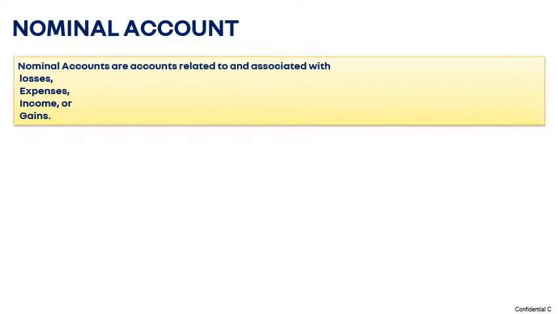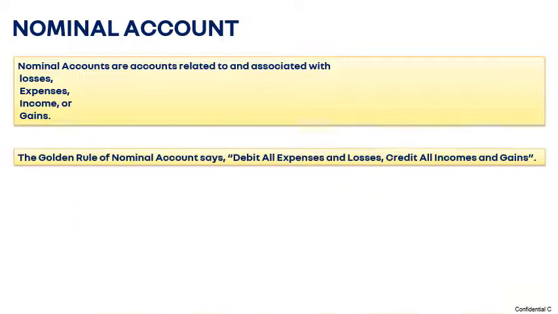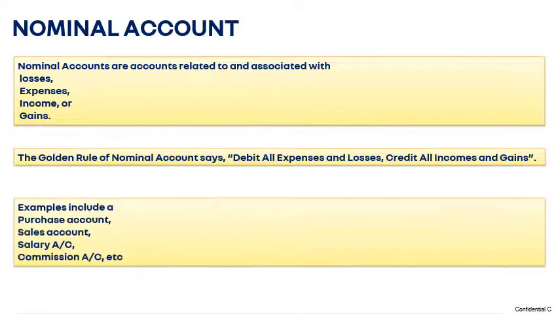Let us see nominal accounts. Nominal accounts are accounts related to and associated with income, expenses, losses, and gains. So nominal accounts relate to income and expenditure. The golden rule for nominal accounts is debit all expenses and losses, credit all income and gains. I will repeat, the golden rule of nominal accounts is debit all expenses and losses, credit all income and gains.